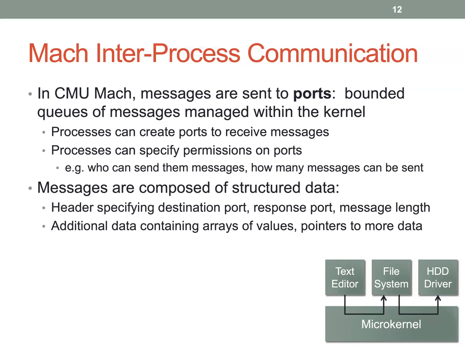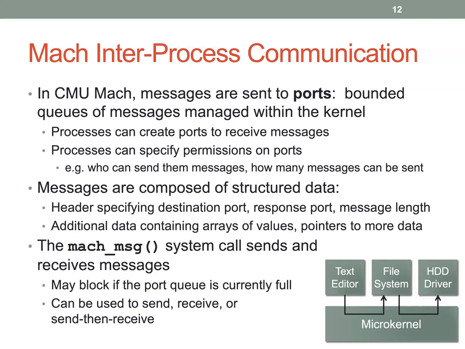You could have references or pointers off to other data structures that could then be aggregated together and passed on to another process, okay? And so there was this system call, Mach message. That was a system call that was added to the BSD kernel to start migrating it toward Mach. And that would allow you to send a message through the kernel to another process or receive a message from your own queue, okay?